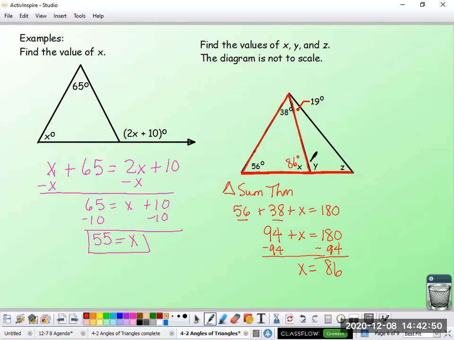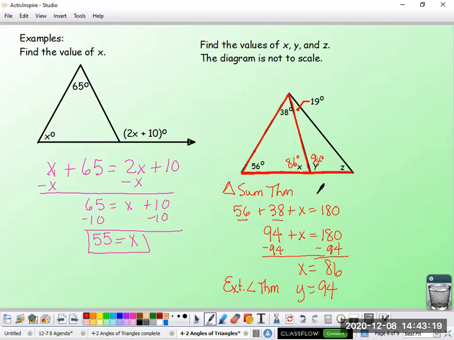We know it's the sum of the two remote interior angles of 56 and 38, and we already have that right here. So by the exterior angle theorem, we can say y is 94. So it's 94 degrees.